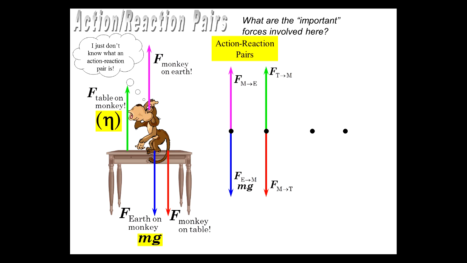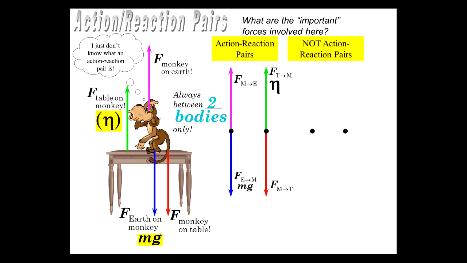So those are the action-reaction pairs, and there's a very special characteristic that is associated with them. By the way, that's the normal force. And that characteristic is that action-reaction pairs always occur between two bodies. Only two bodies, not a third one.